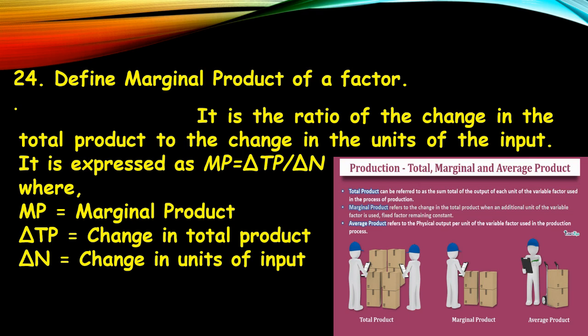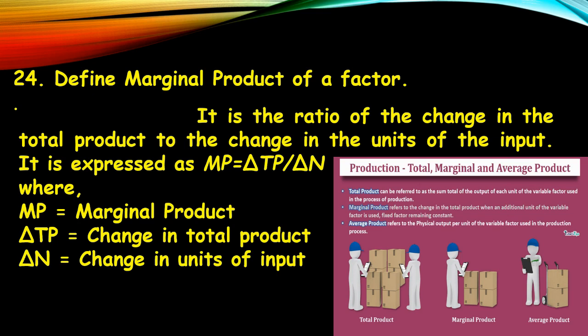For example, if in your company 10 laborers can produce 100 units of output, and now you want to grow your industry, so you employ 10 more laborers. With 10 laborers you got 100 units of output; now with 20 laborers you get 200 units of output. That change is called the marginal product.